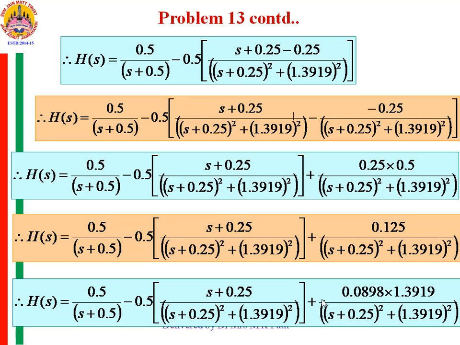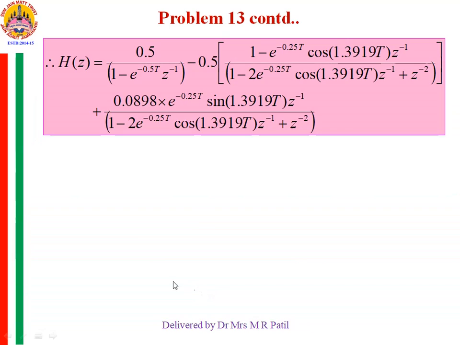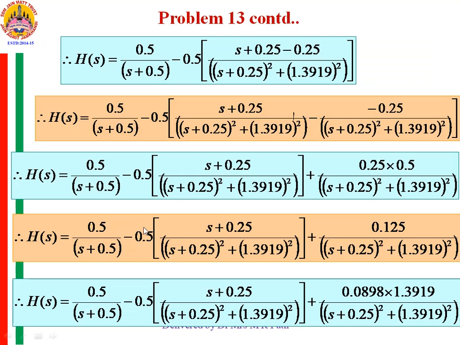If you take the inverse Laplace transform of this term, you will get the time domain sequence in the sinusoidal form, and for this term you will get it in cosine form, and this is an exponential form. Now if I take the inverse Laplace transform of this H(s), let me first tell you h(t). h(t) is 0.5 into e raised to minus 0.5 t.